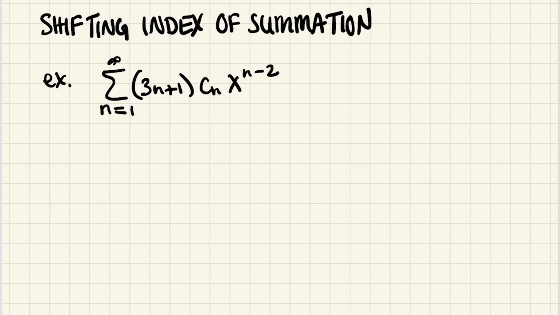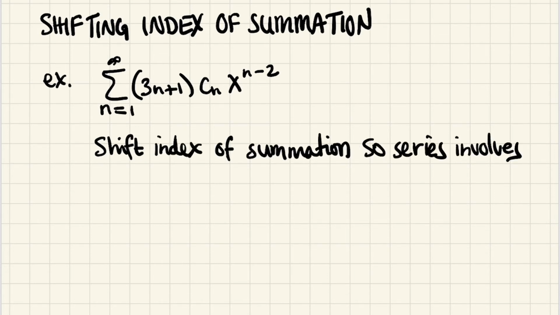Let's say we have this power series right here. What we want to do is shift the index of summation, so the power series involves just x to the k. Right now, it's x to the n minus 2. So what we'd like is x to the k.